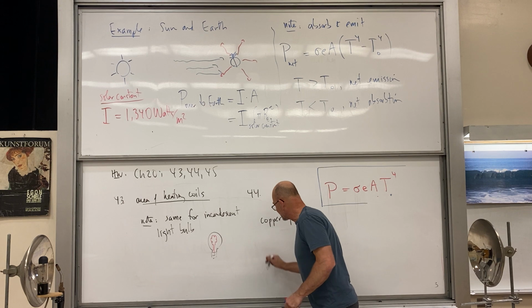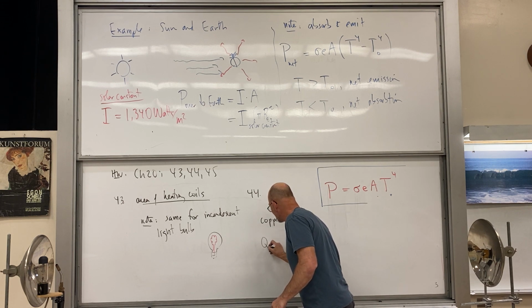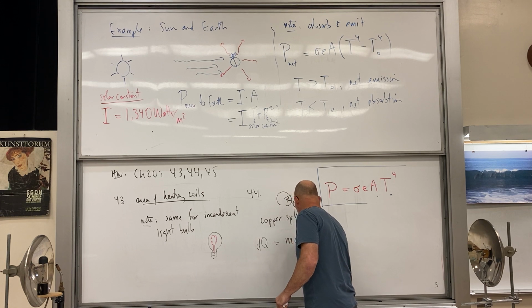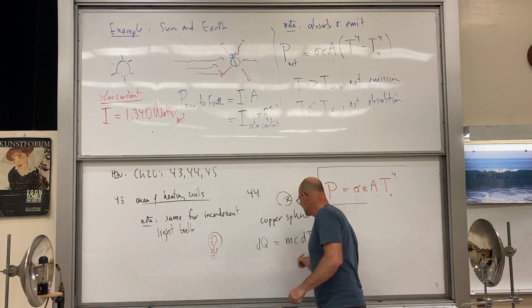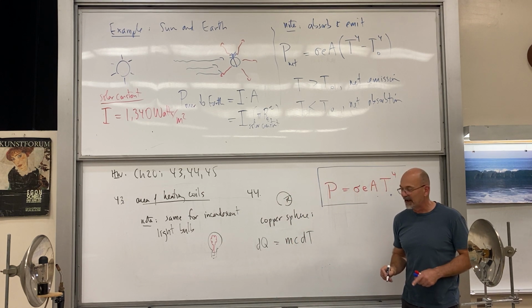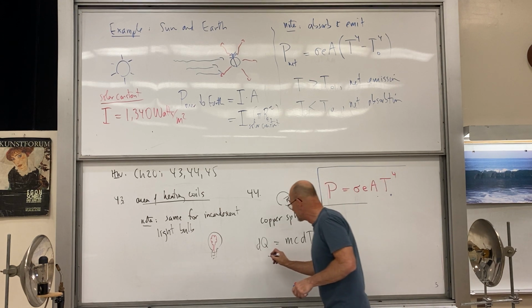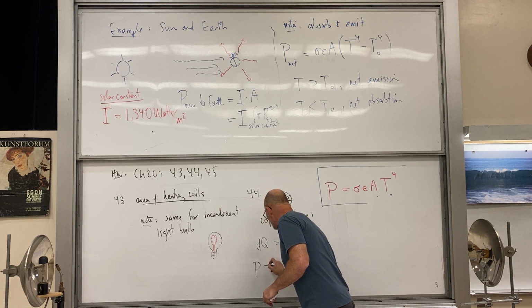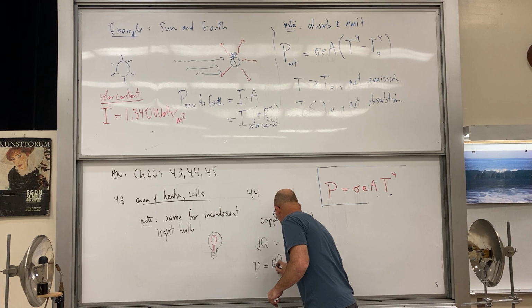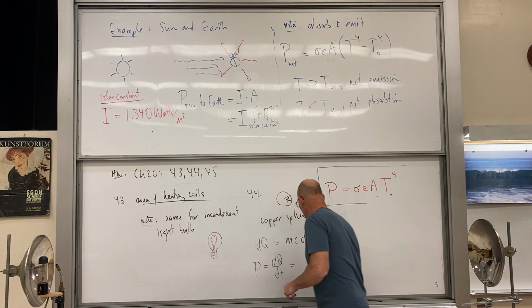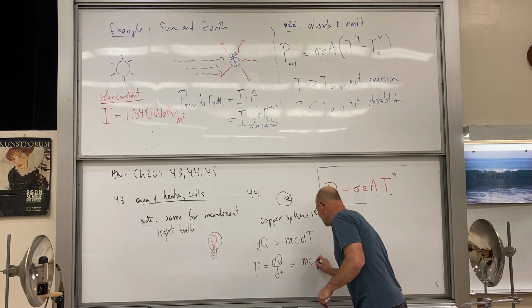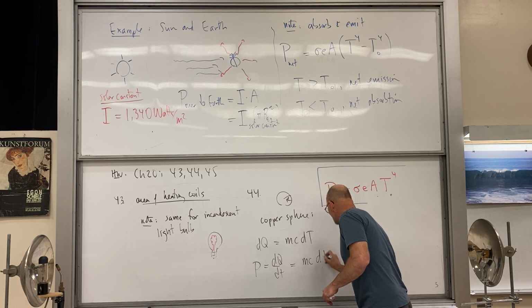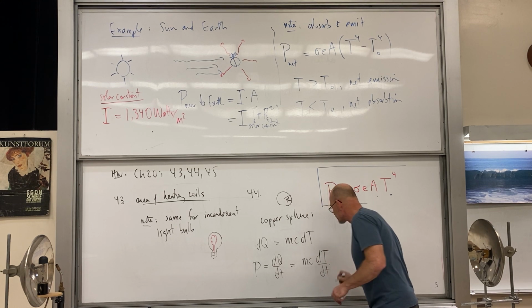So say we had a piece of copper and we had Q, all right, dQ equals MC delta T. So the power is dQ dt is equal to MC d temperature, change of temperature with respect to time.